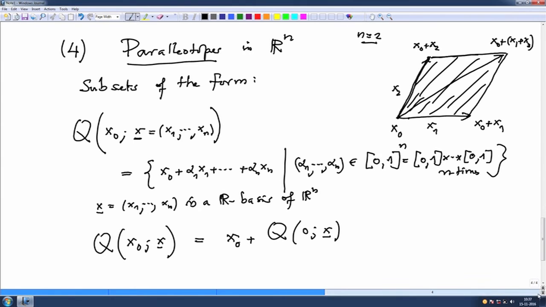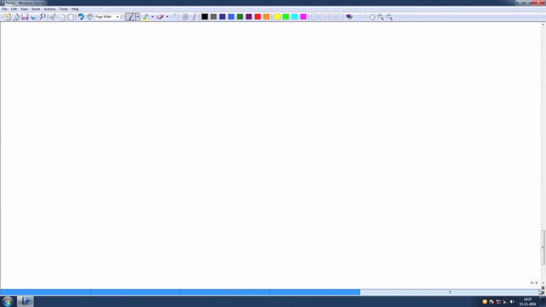So, now in general, the notation I will put for a matrix A: I will denote the columns of the matrix by x1 to xn and assume this matrix is in GLn.